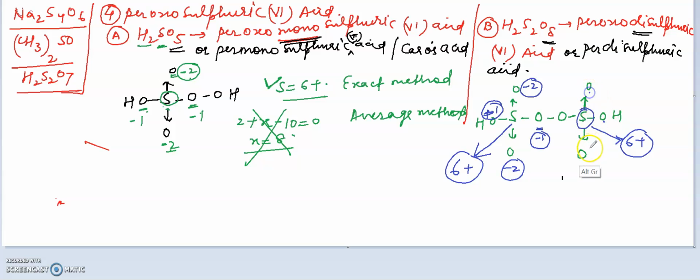Average method: 2 + 2x - 16 = 0, so x will be 7. But in actual, it is 6 plus. So this is not the right way. That is the average method, and this is the exact method. For exact method, you should know the structure. You must be good enough in chemical bonding, then only you can handle such structures.